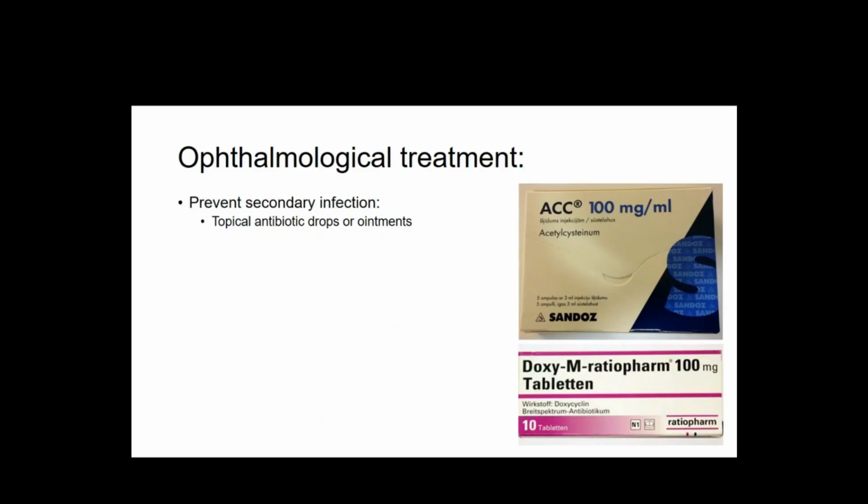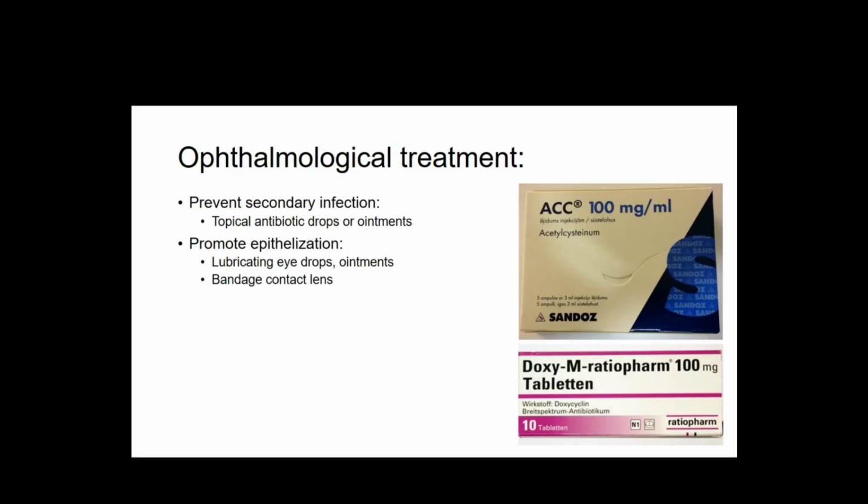So as an ophthalmologist, what could we do? We start, of course, by preventing secondary infections. We always take cultures first from these ulcers to find any secondary infections, and start treatment with antibiotic drops or ointments to prevent any secondary infections because the patients have an epithelial defect.